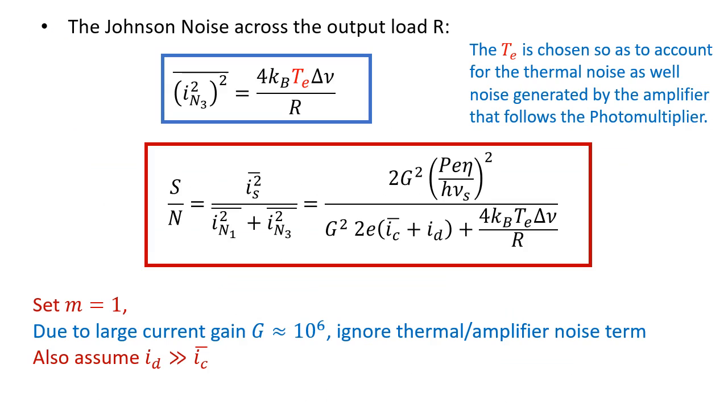All right. So there is also the other component, right? We have ignored the dynode contribution. The other contribution is coming from essentially the Johnson noise. So this T E, as I told you, the effective temperature of this setup, is chosen so as to account for the thermal noise as well as the noise generated in the amplifier which is following the photomultiplier tube, right? I can have another amplifier. So the effective temperature associated with that noise is what is put in here.